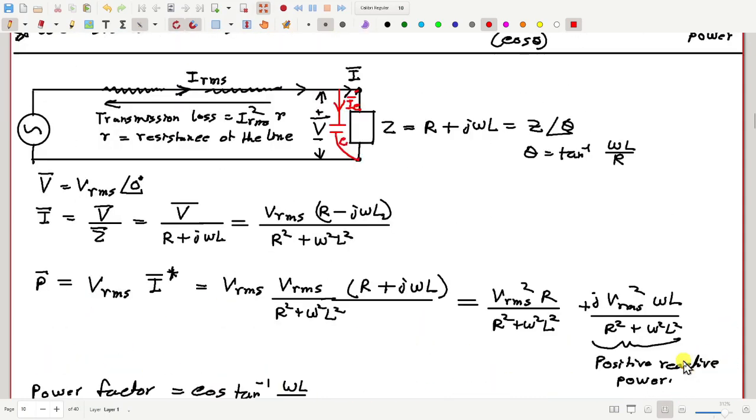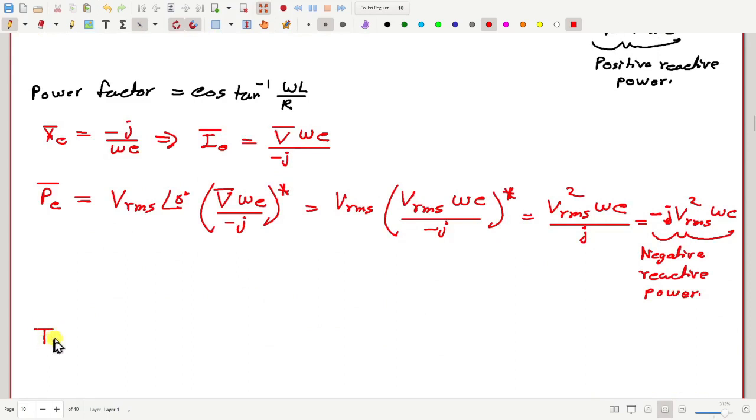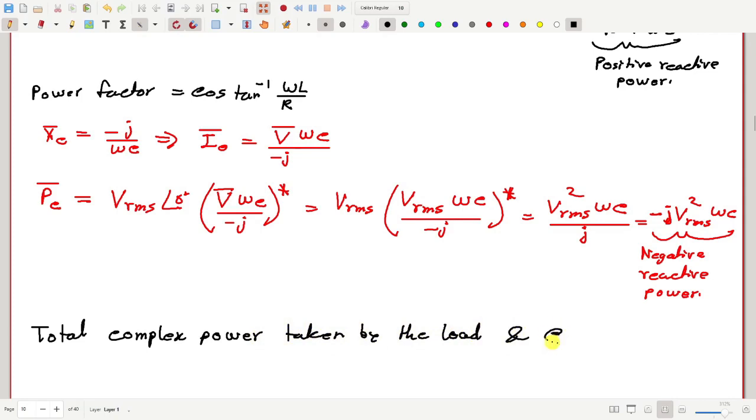Now our load is connected, and this capacitor is also connected. They are both consuming some power. So if I consider, this is the last line I am writing, the total complex power taken by the load and the capacitor together is how much?